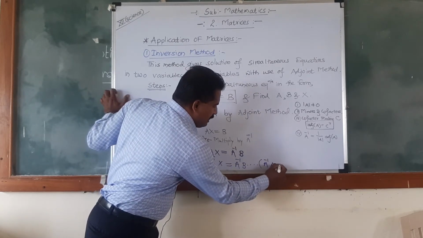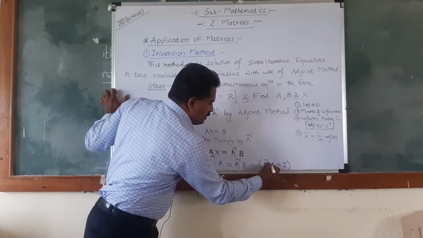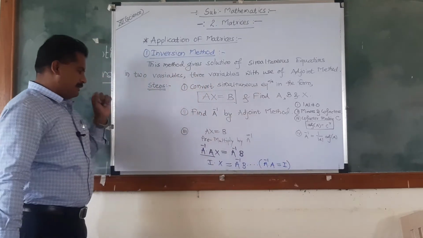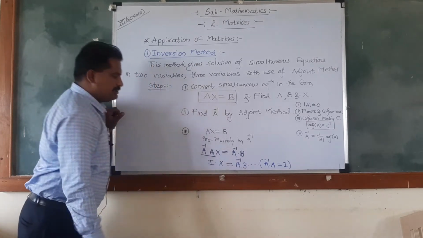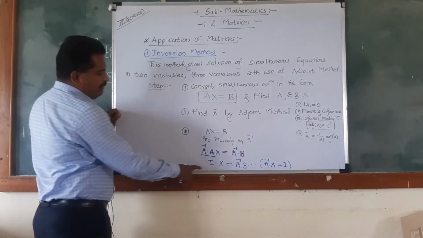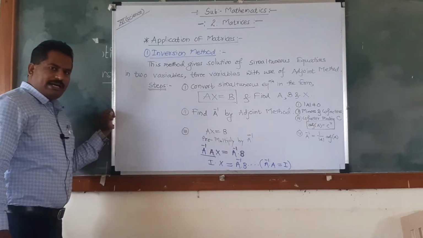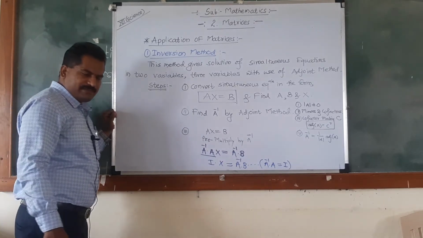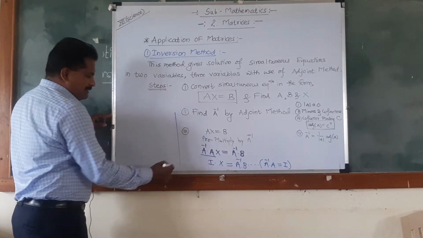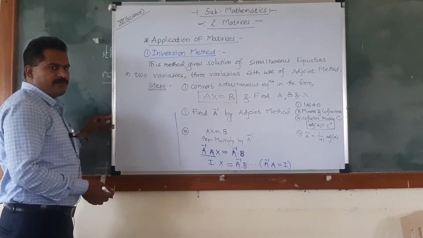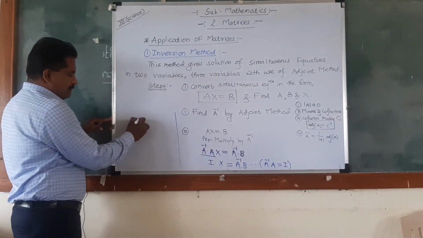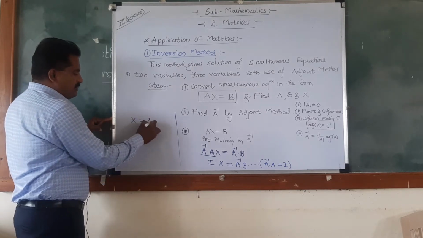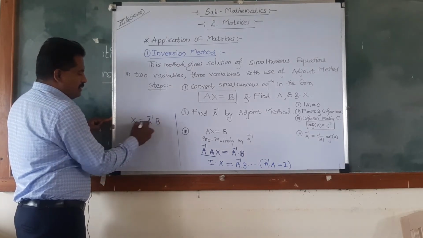A inverse into A is equal to I. Any matrix multiplied to the identity matrix gives itself. The matrix which is going to multiply is X. Therefore, X is equal to A inverse into B.